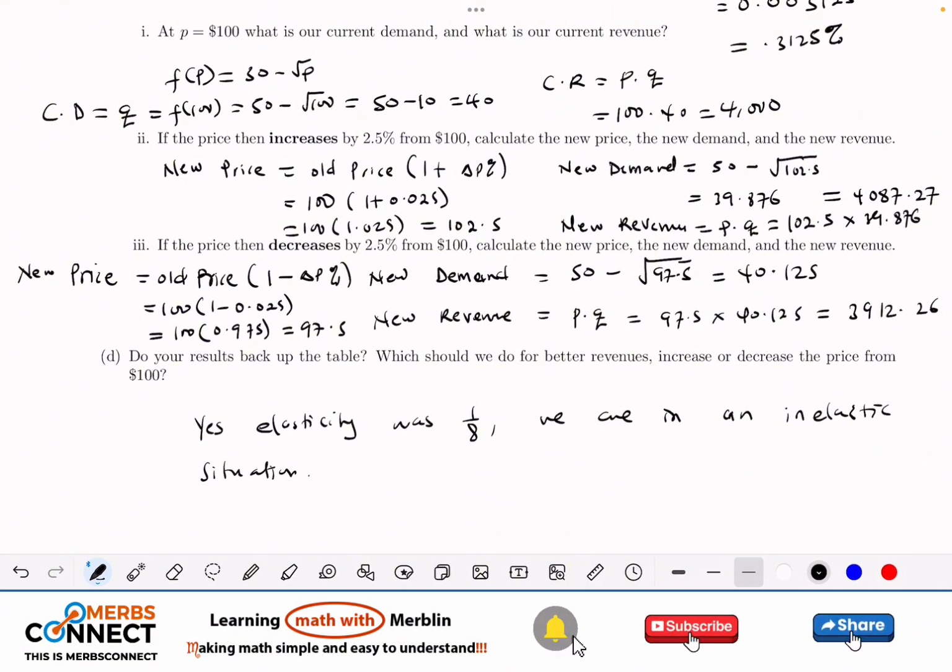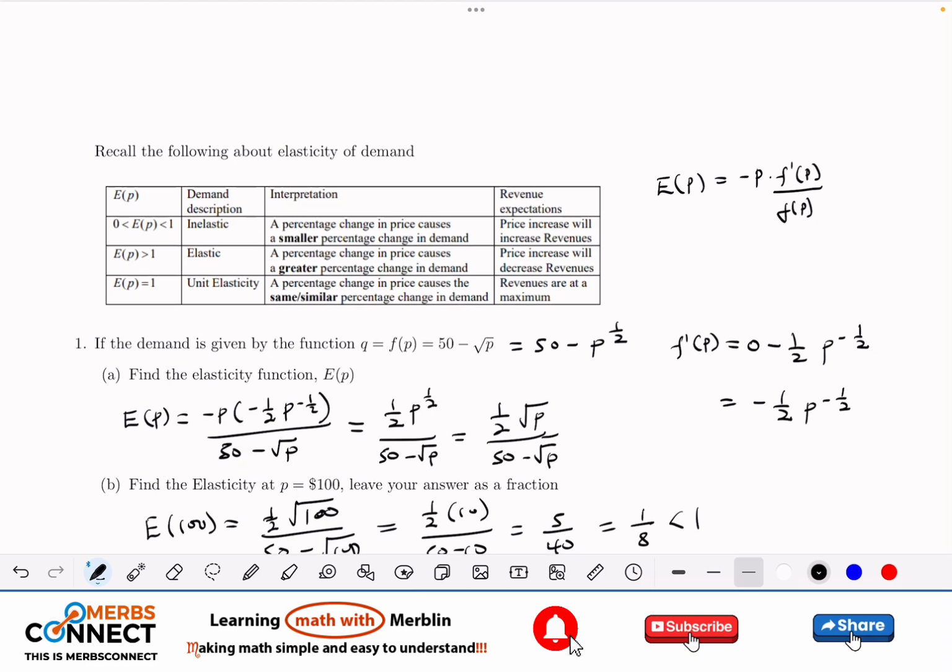So what we need to do is increase price so that we can increase revenue. Increasing the price increases the revenue, right? So anytime you increase the price, we are also going to increase revenue because we are in the inelastic situation. So that is the idea. This is how you can also do the conclusion from there.